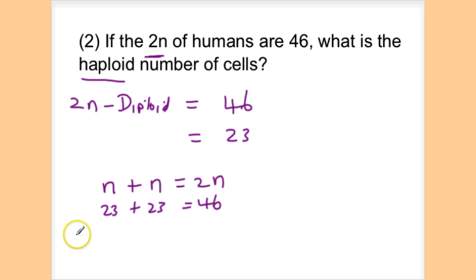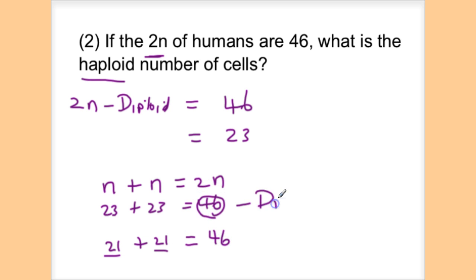Say for example, in the rat scenario, n will be 21 plus 21, so the sperm of the rat and the egg of the rat will be 21 each, and when you combine that, you will have 42. 42 is said to be the diploid number, and 21 is said to be the haploid, which is half, number.